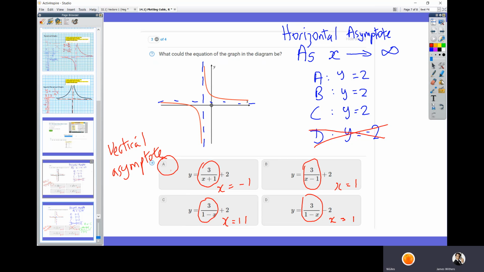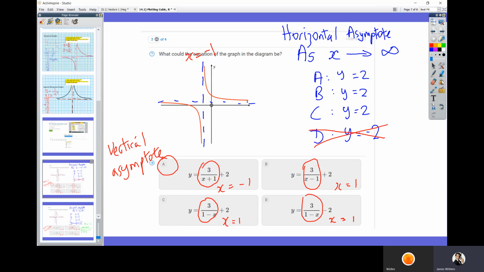Yeah. Now for B, can you see that x would be 1? Yes. For C, I wrote 11, I meant 1. Can you see for C that x would be 1? Yeah. Can you see for D that x would be 1? Yeah. And looking at the actual diagram, I've just popped the asymptote in there. The asymptote is on the left-hand side, so it must be where x equals -1.